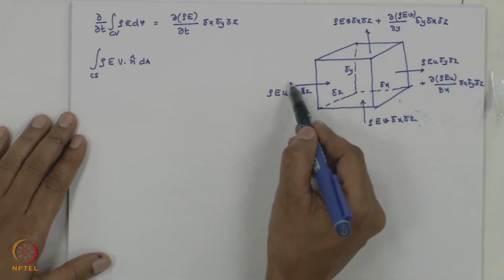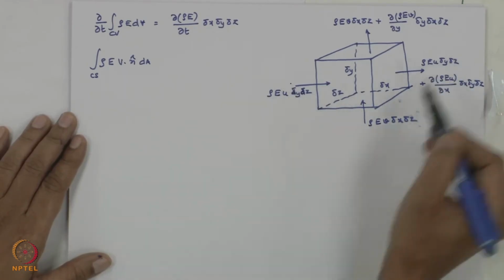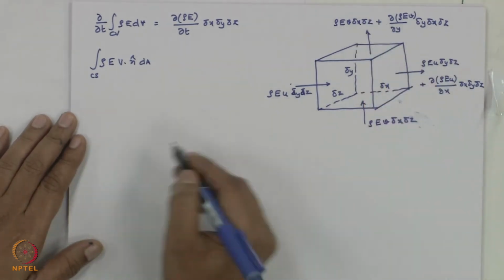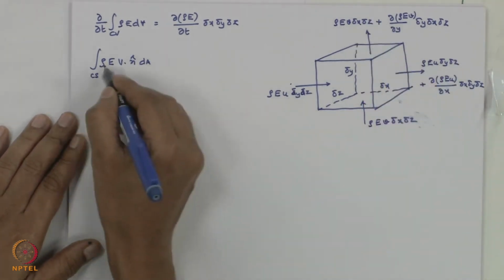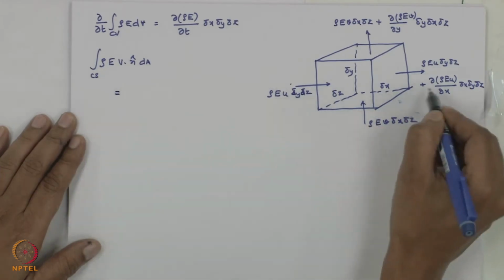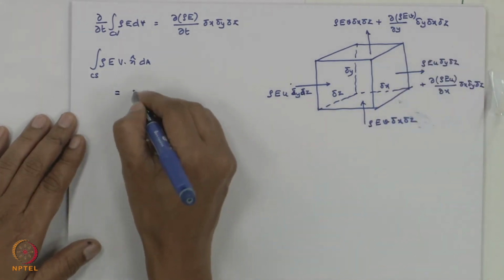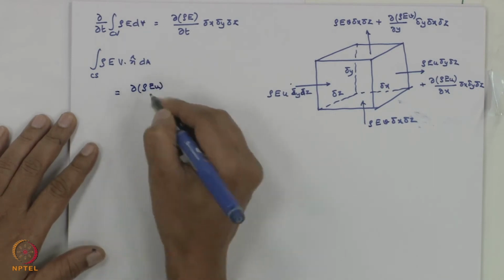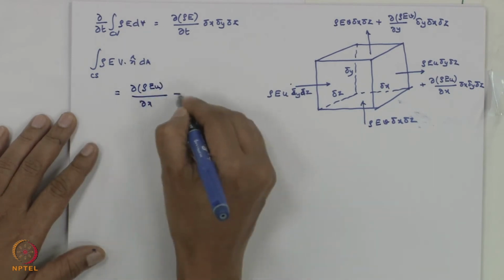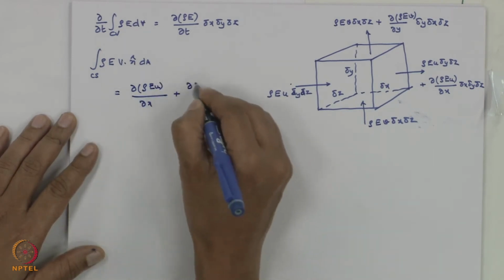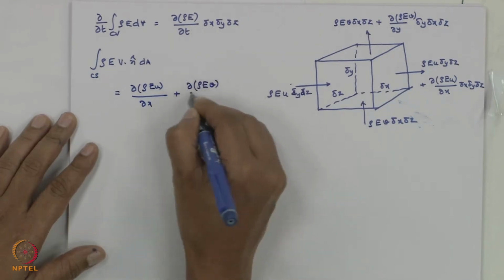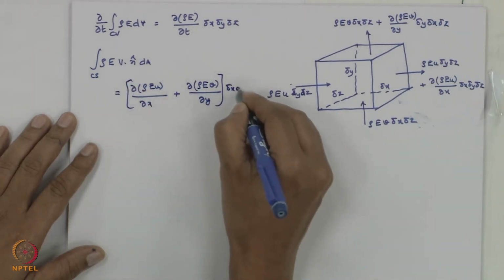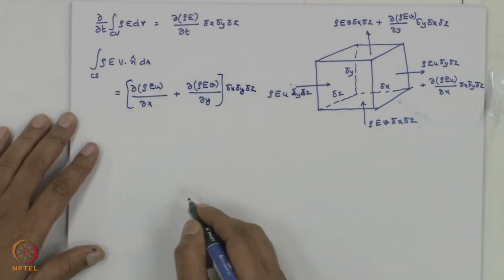So this term is going to get cancelled out with this term, and this term with this term. So ∫ρE V·N dA is equal to, because these are pluses, ∂(ρEU)/∂x plus ∂(ρEV)/∂y, times Δx Δy Δz, right?